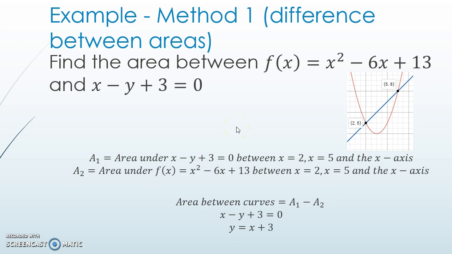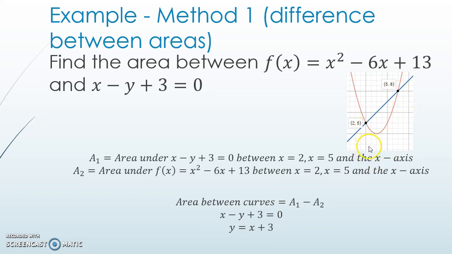I'm going to show you both ways of doing this. First is the difference between the areas. Again, we're going to have two areas, area 1 and area 2. Area 1 is going to be the area underneath this straight line between x equals 2 and x equals 5, and the x-axis.